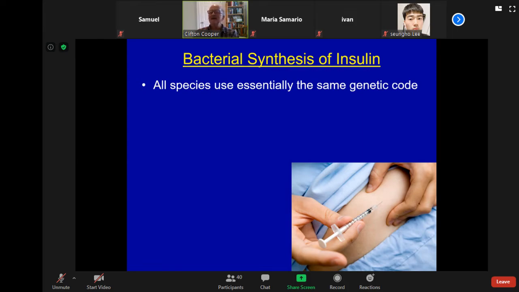That means that if a human or a redwood tree or a bacterium is reading a little section of DNA, it knows to use that information to make the same protein from it. And essentially, every life form is using the same genetic code. That means the same code book for reading DNA and building a protein from it. It didn't have to be that way, but it is that way.